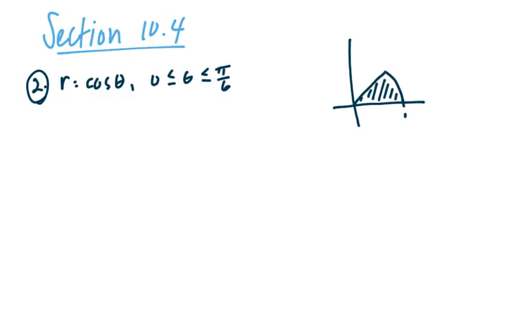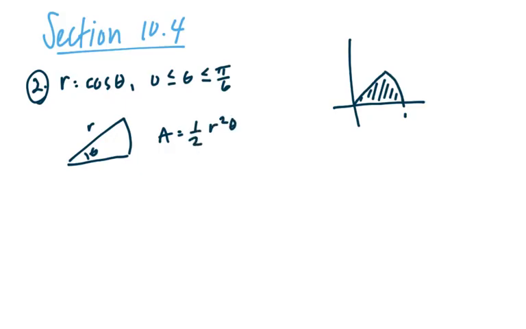Now, what's important is that when we find the area bounded by a polar curve in a given sector, we're looking at a part of a circle. So it goes back to that geometry formula that you probably don't remember: the area of a sector. This is theta and this is r, and the area of a sector is 1/2 r squared theta.